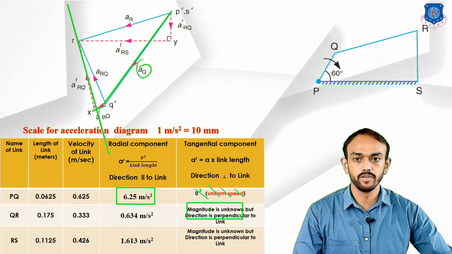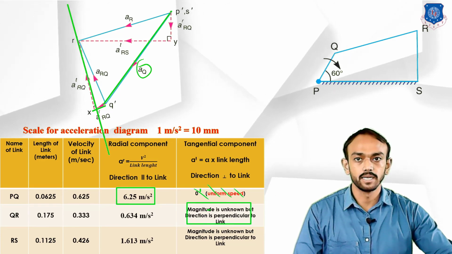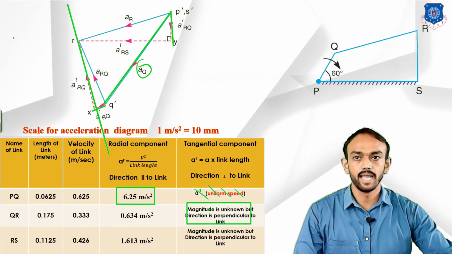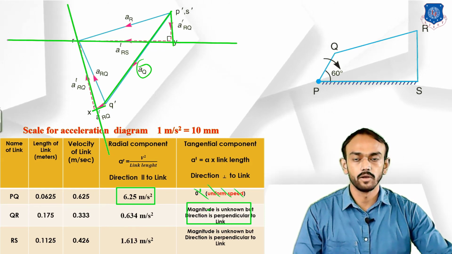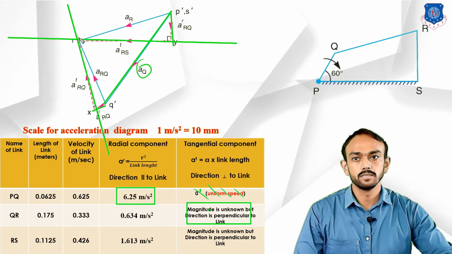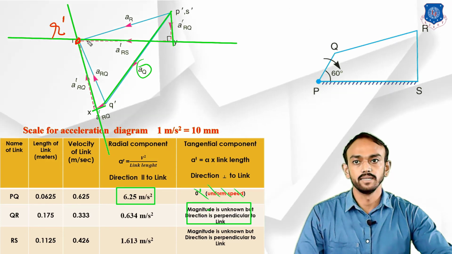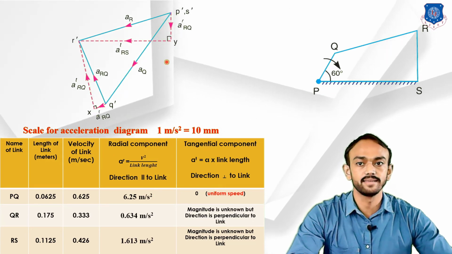Then the radial component of R with respect to S, and then an extra length perpendicular, for the tangential component. This will give us here R dash.